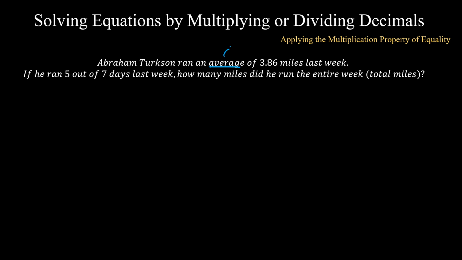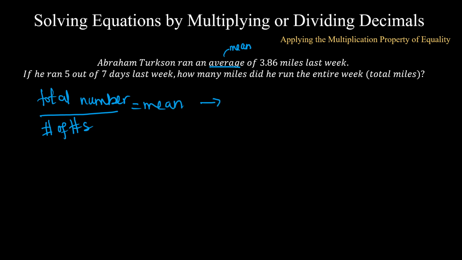Okay, so our keyword here is going to be average. This is the same thing as your mean, and we know how to solve for the mean. To find the mean, you find the total amount, and you divide by the number of numbers, and then that gives you the mean. In this case, we're going to apply it here.